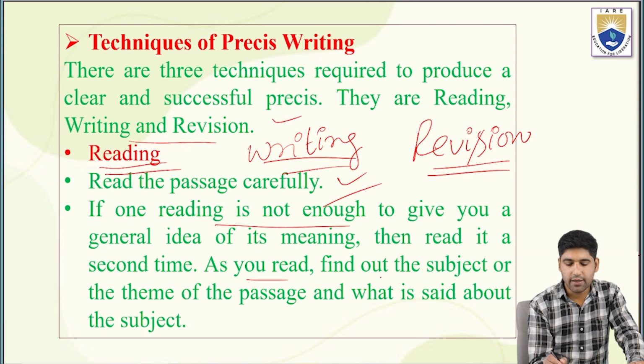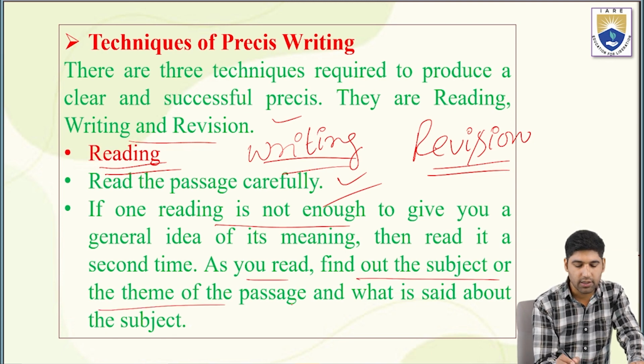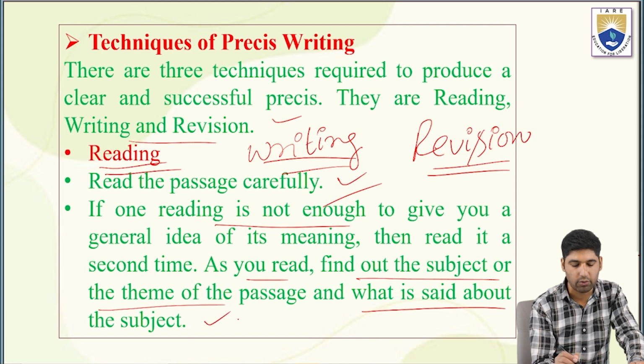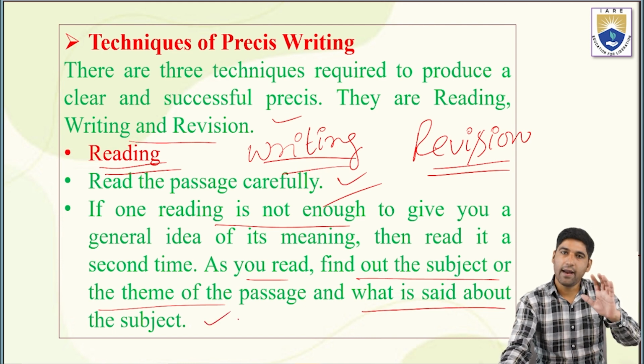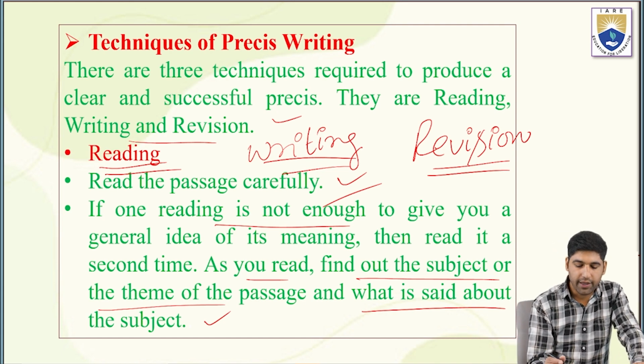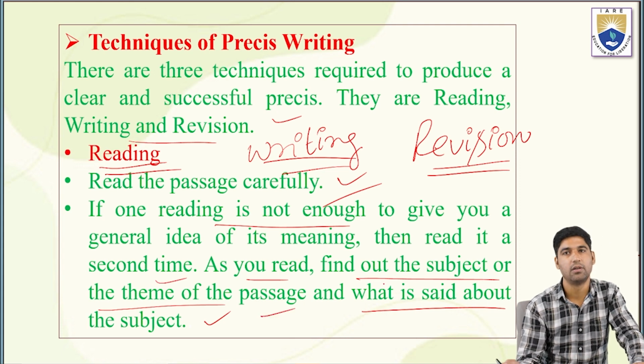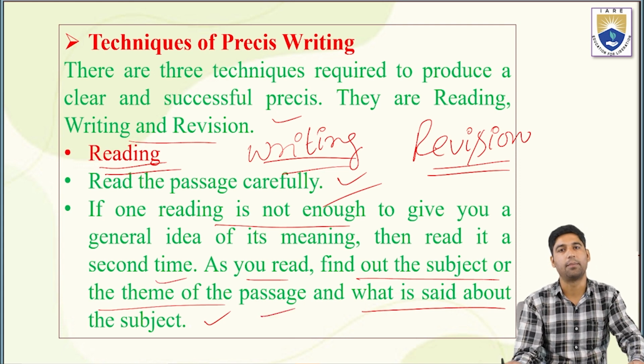And as we read, find out the subject or the theme of the passage and what is said about the subject. When we are reading a text once, twice, or thrice, we need to find out the subject or the theme of the passage and what is said about the subject.